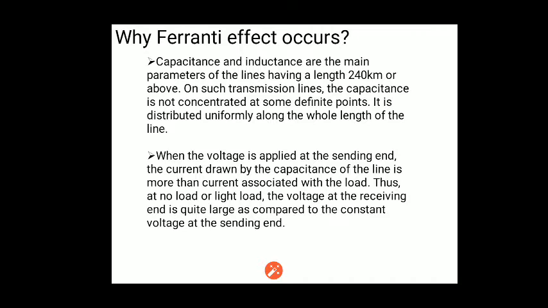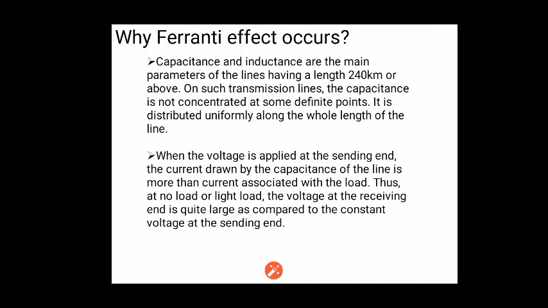On such a transmission line, the capacitance is not concentrated at some definite points. It is distributed uniformly along the whole length of the line.